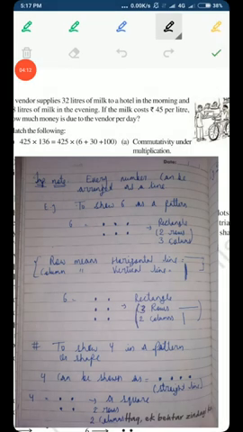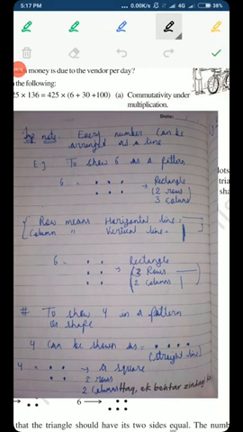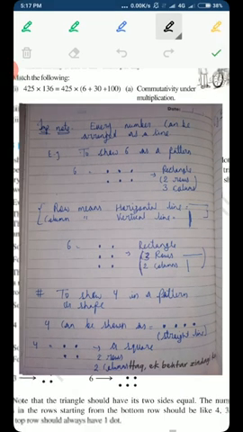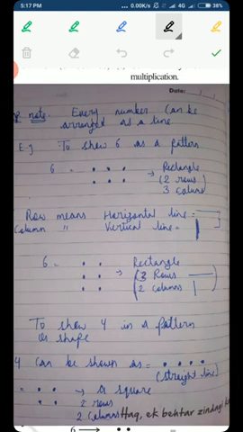Proceeding on, there is an important note for you. The important note says that every number can be arranged as a line. We have 4 shapes expressed in the form of dots, and among these shapes, there is one shape in which every number can be expressed, and that shape is the straight line.